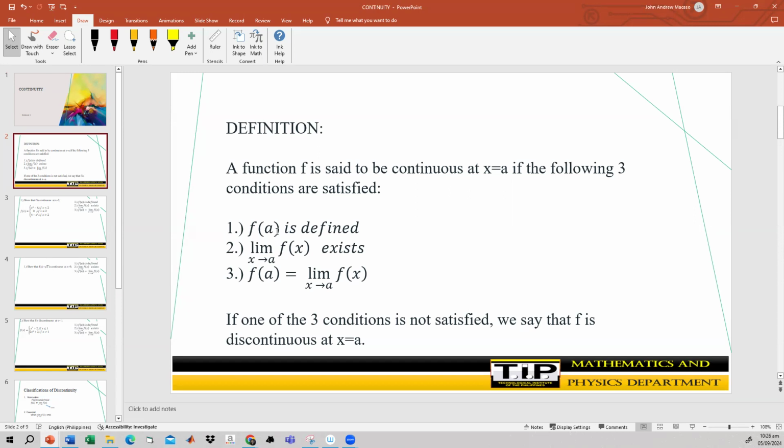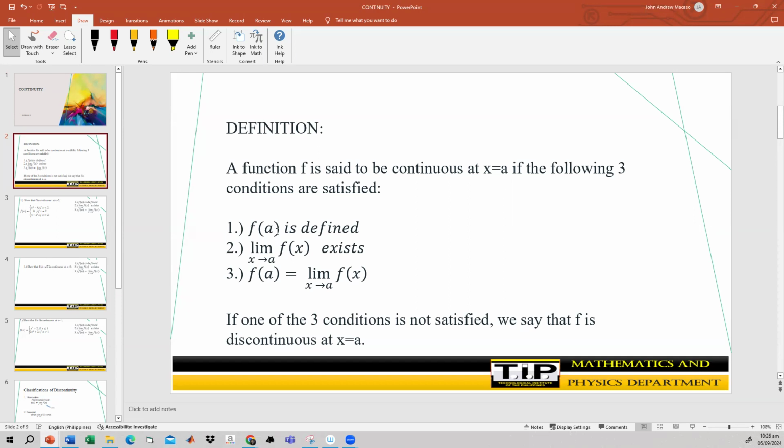Then lastly, the third condition: if f of a, or the valued function, is equal to the limit of the function as x approaches a, then it means that the given function is continuous at x is equal to a.